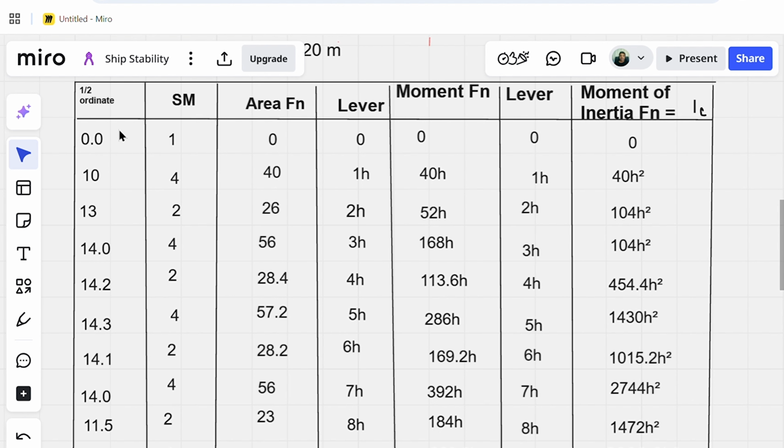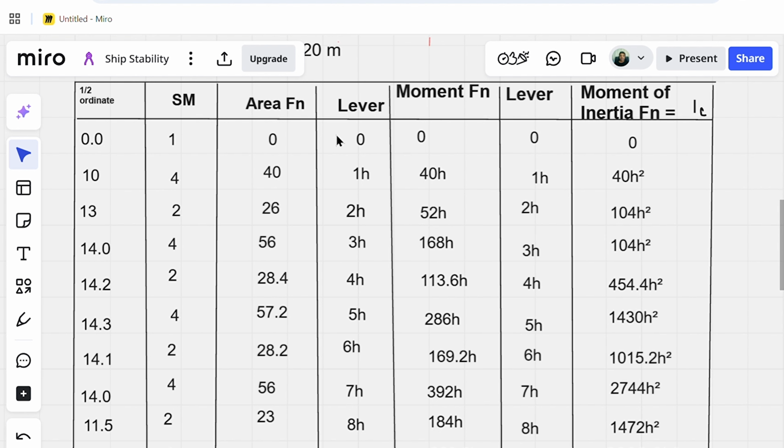Multiply each ordinate with its corresponding Simpson's multiplier and we get the area function. We write all the values of the area function and now we write the levers, because we are taking moments from the aft perpendicular. Our axis AB is coinciding with the aft ordinate, and 0 is the first ordinate from the aft end, which is coinciding with the axis.